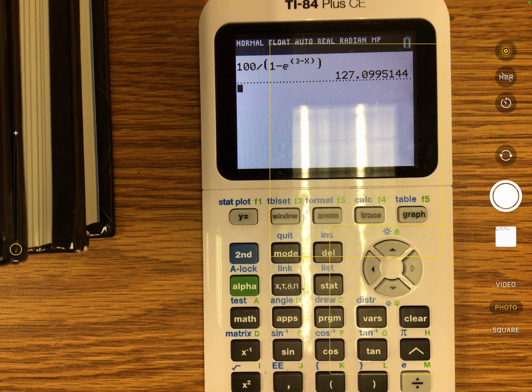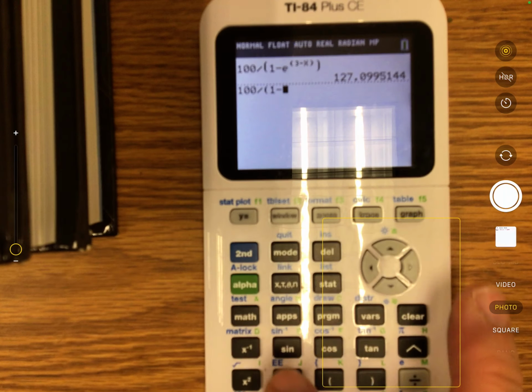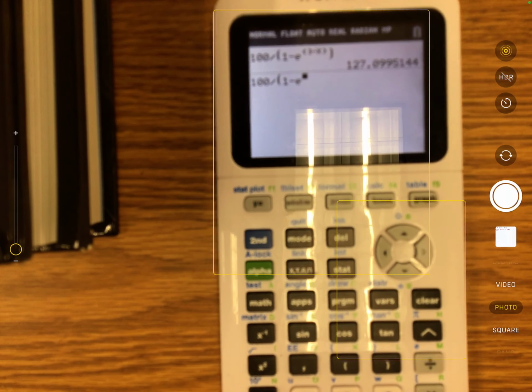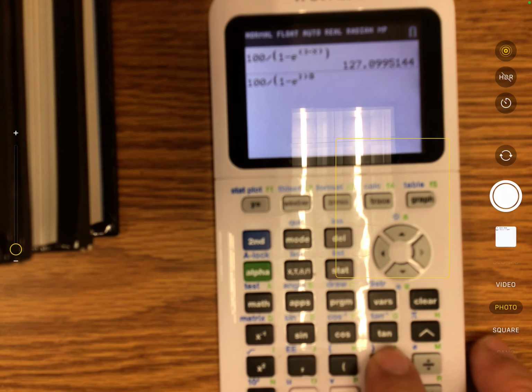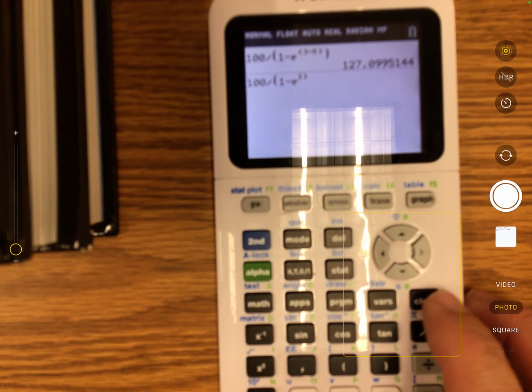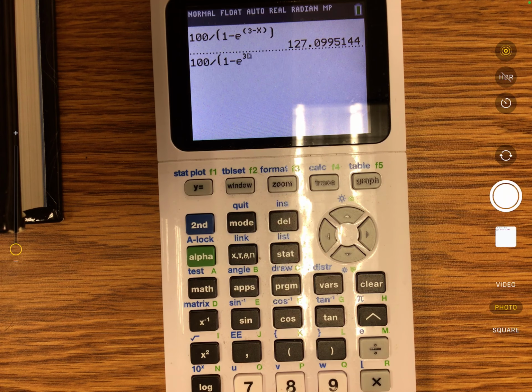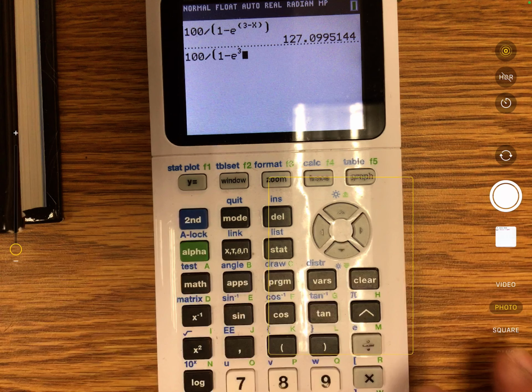Wait, I think I put in something wrong. That's weird. It shouldn't be that big. Oh, hello. X should be 0. 100 divided by 1 minus e to the 3.